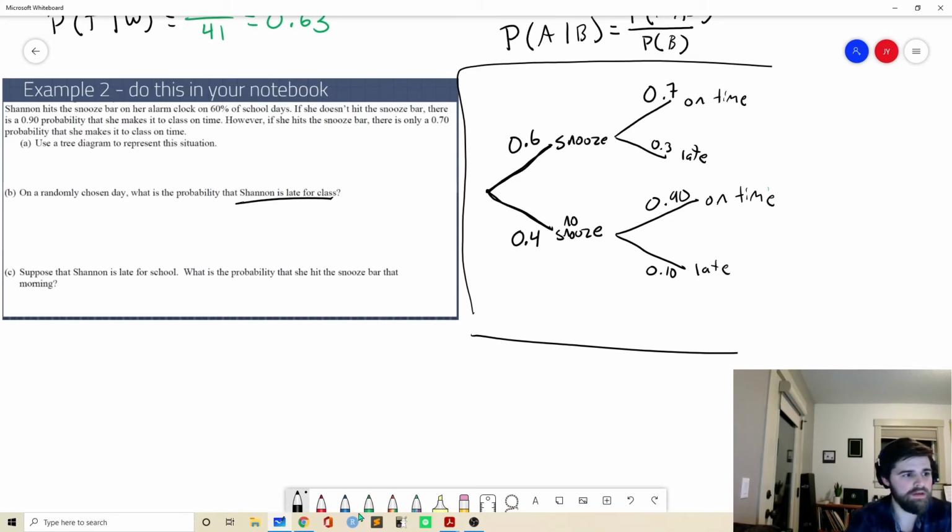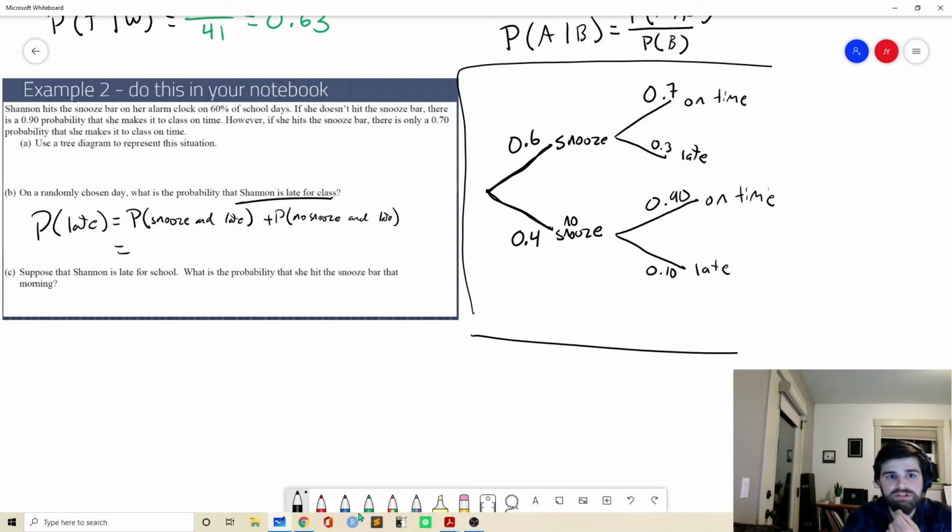The probability of being late is going to be equal to the probability of snooze and late plus the probability of no snooze and late. So let's find those probabilities.